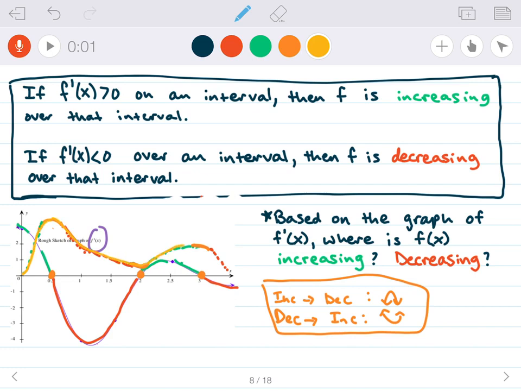Okay, so this is a possible function. Okay, and this yellow is going to be f of x, whereas the one with the bunch of colors that we were given was the derivative. Okay, so we use the derivative to find a possible f of x.